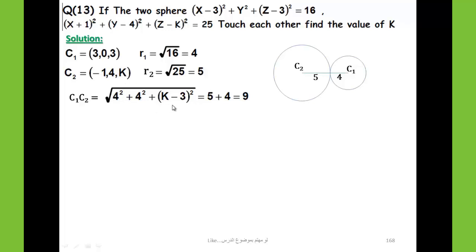This is also the length of C1C2, which equals 9, since 4 plus 5 equals 9.